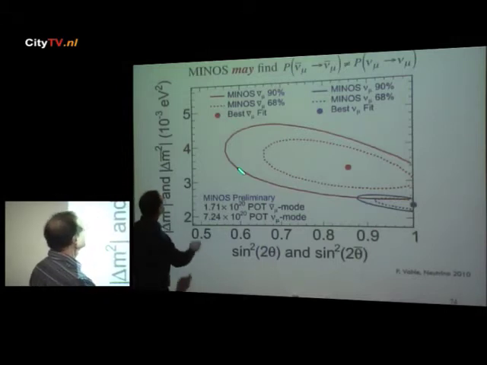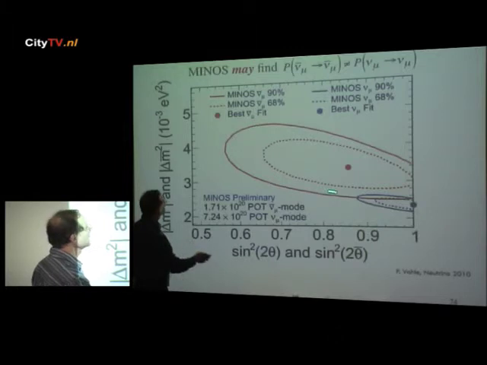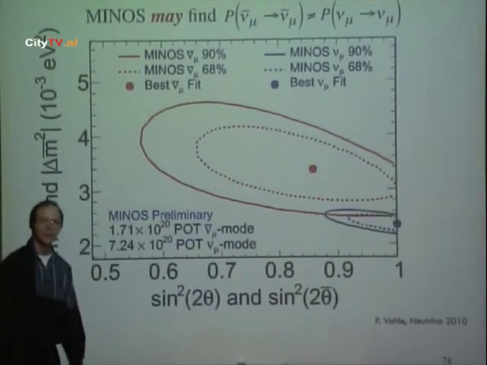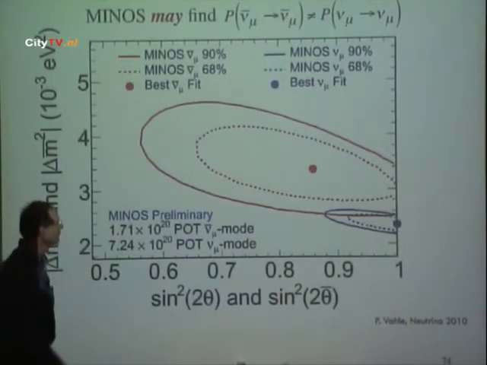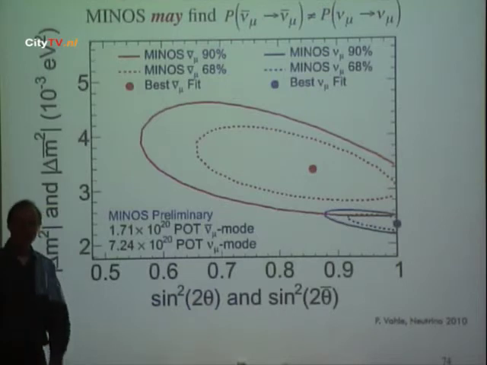Now, the solid curve is the 90% confidence level curve. I think that's the one you should look at. At 90% confidence level, there is a sliver of overlap where the two results are consistent, but there's obviously some tension.